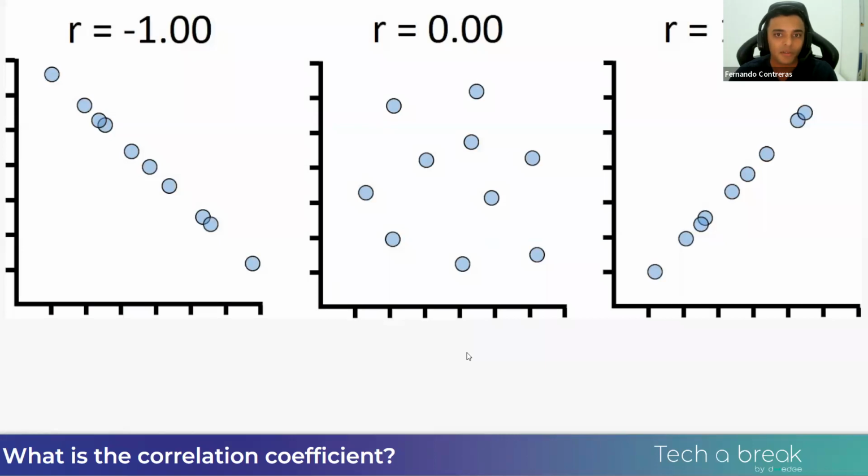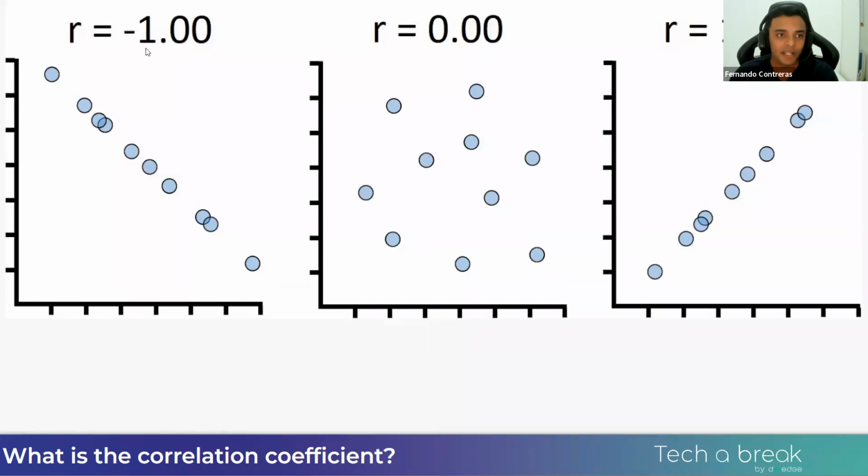The first is the correlation coefficients. So what is the correlation coefficient? It is a measure that describes how correlated two different variables are. In other words, it means how the behavior of one variable impacts the behavior of the other one.